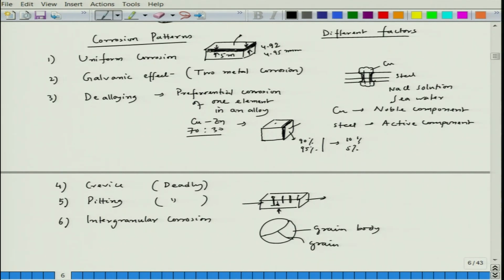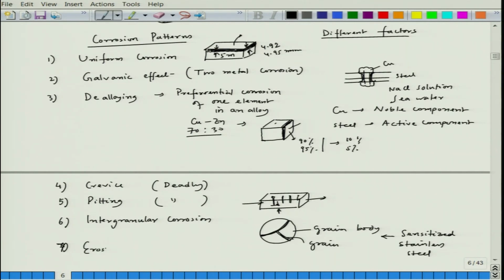Corrosion happens along the grains. So, that is what it is called, intergranular corrosion. This happens in case of sensitized stainless steel.